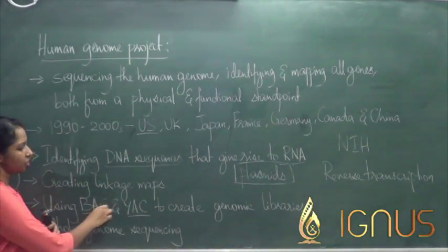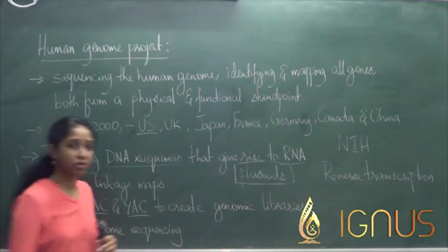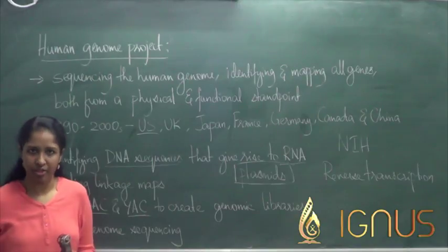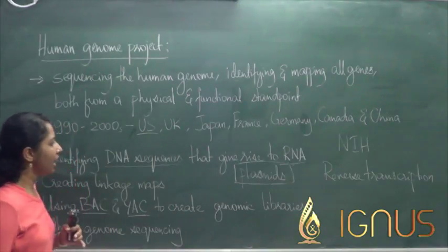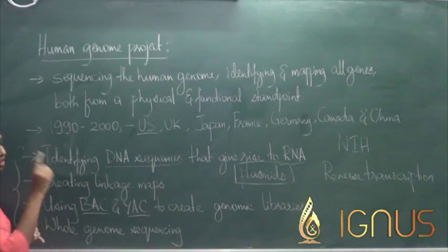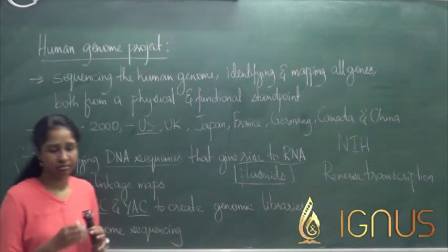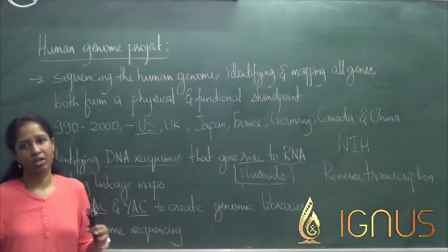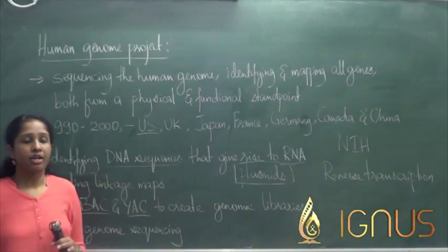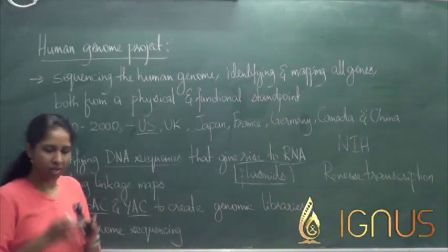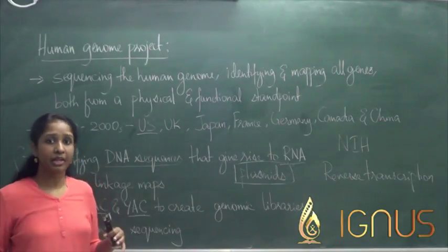Bacterial artificial chromosomes and yeast artificial chromosomes are plasmids, and these are artificially created, of course, not found in nature. And the use of these plasmids is that whenever you take a human genome, like I said, it's huge, it's really big, because it's going to contain somewhere around 3 billion base pairs. Now if you want to sequence all of the 3 billion base pairs one by one, it's going to take a long time.